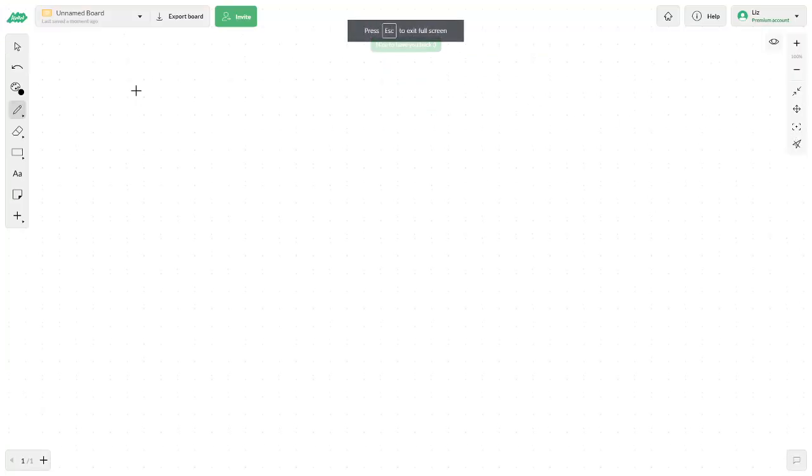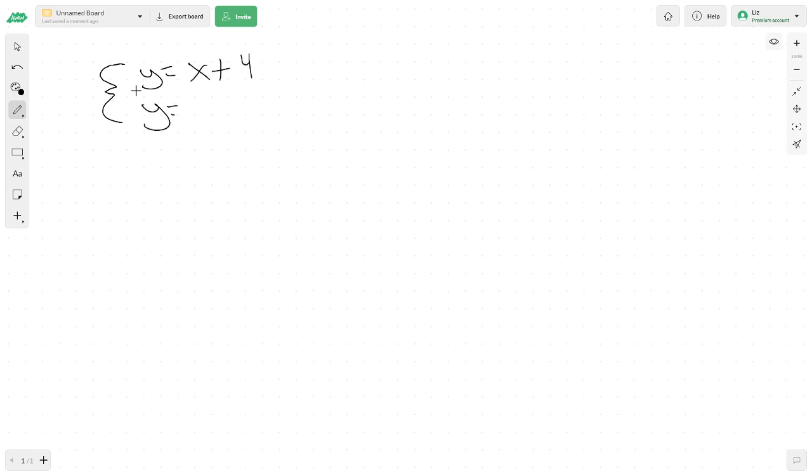So this time we have y equals x plus 4, y equals 2x plus 6. They're both set up for y equals, so I could plug this in for this y or plug this in for this y. It doesn't really matter. I'm just going to plug the top one into the bottom one.